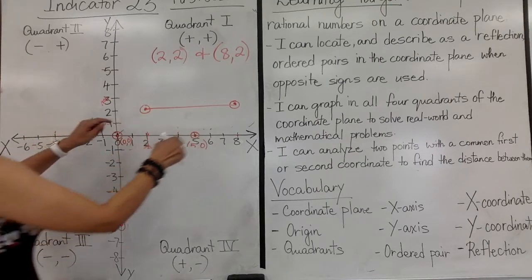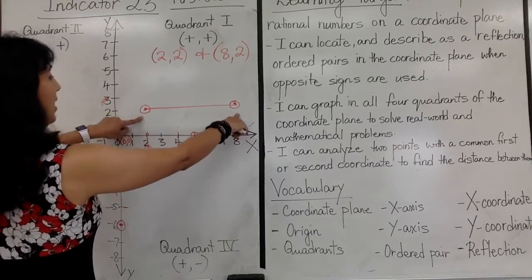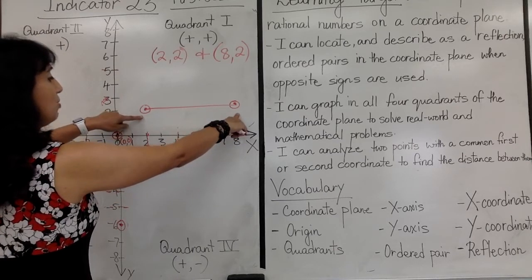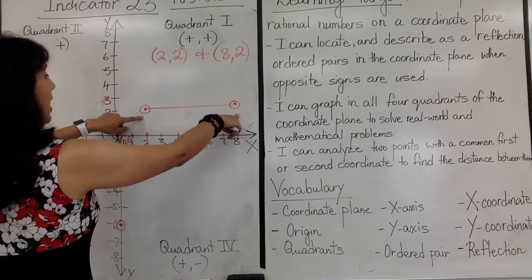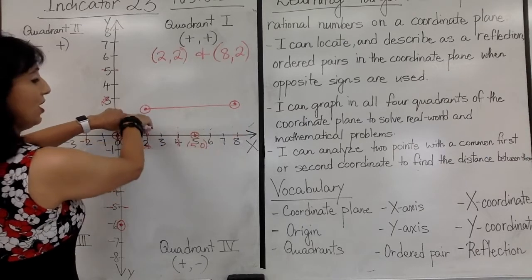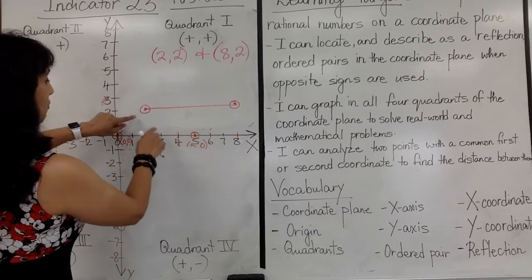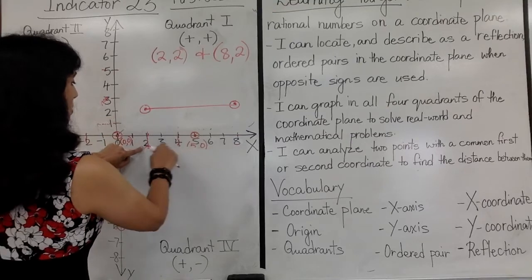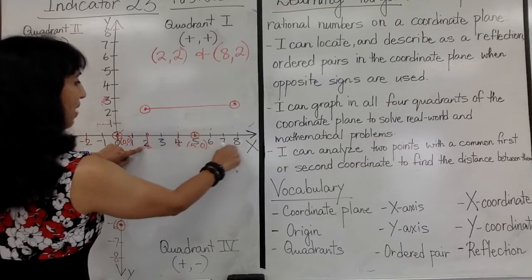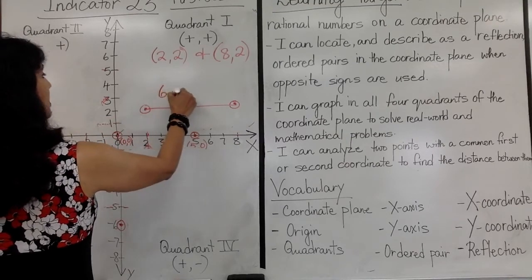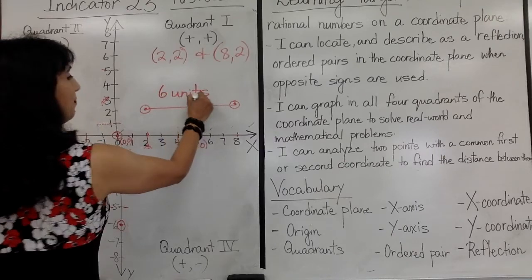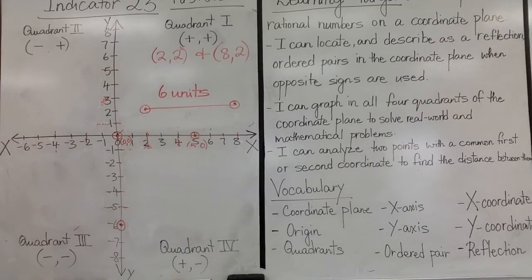All we're doing is you're going in the same coordinates, so you're looking at the absolute value of 8 and taking away the absolute value of 2, or you can just count from 2 all the way to 8. 1, 2, 3, 4, 5, 6. So that is 6 units. That's how far these two are going to be. You're just counting how many units are over there.